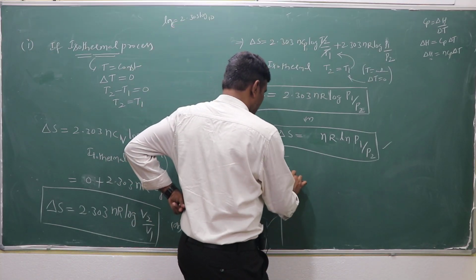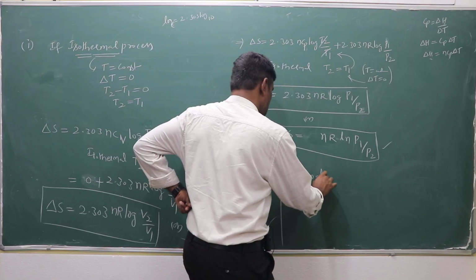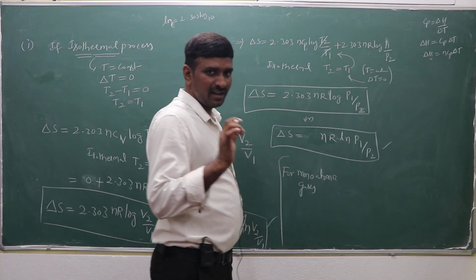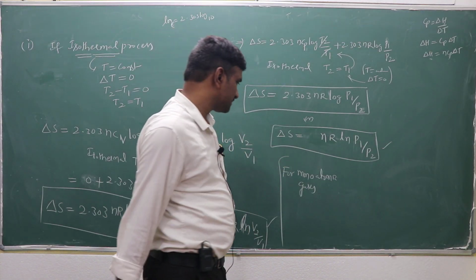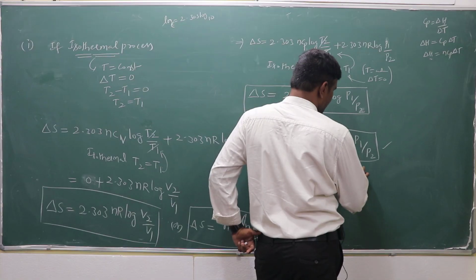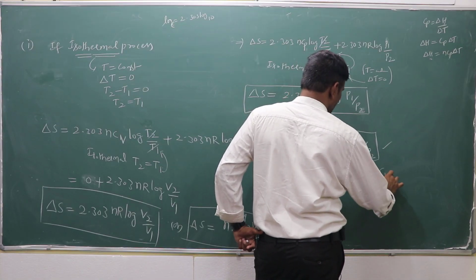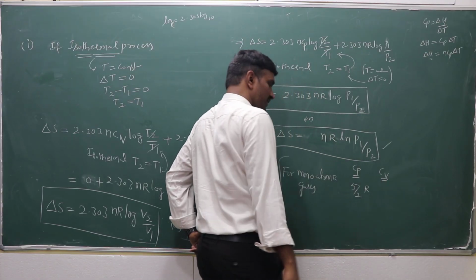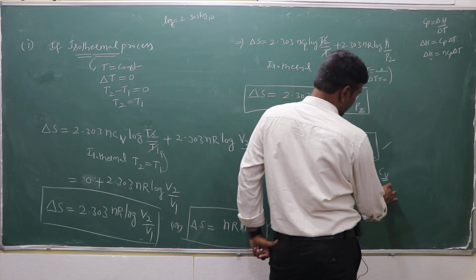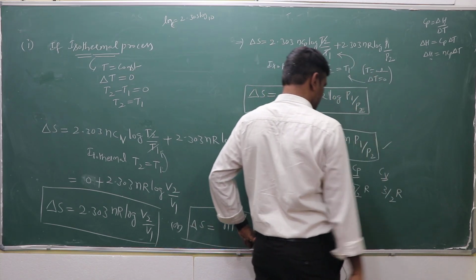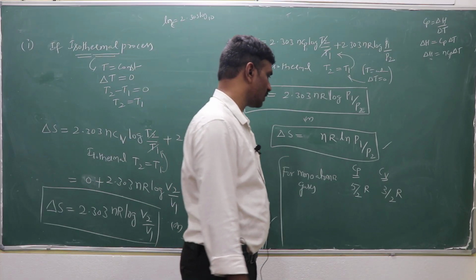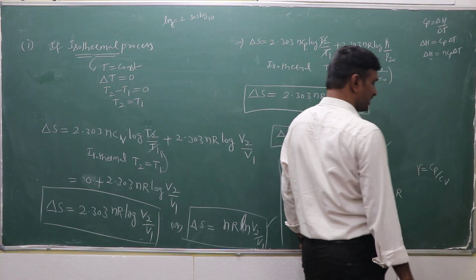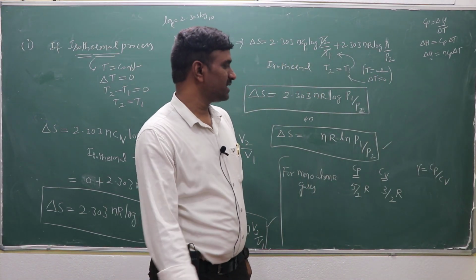So for monoatomic gases like helium, neon, the Cp value is 5 by 2 R and the Cv value is 3 by 2 R. Gamma is also a relation; later I can explain the ratio between Cp and Cv, which is gamma.